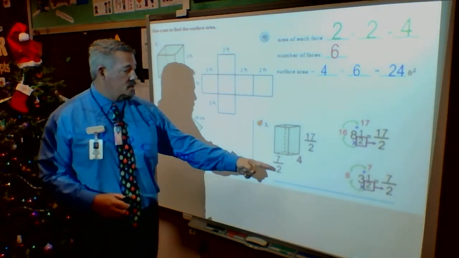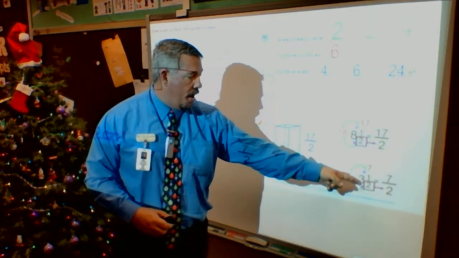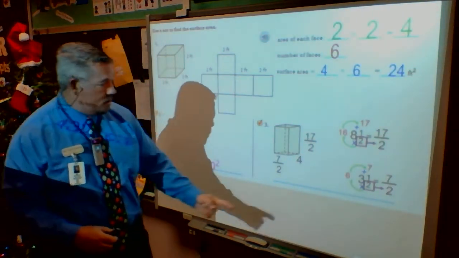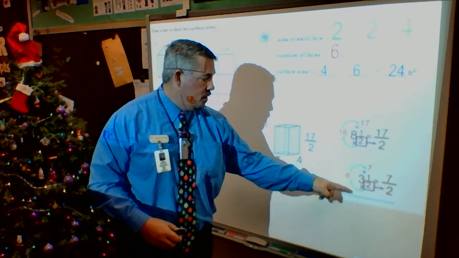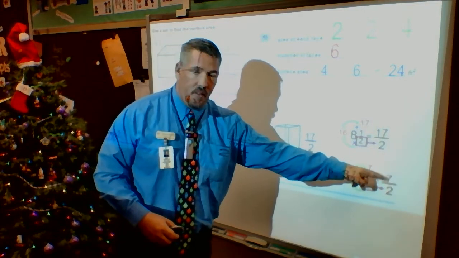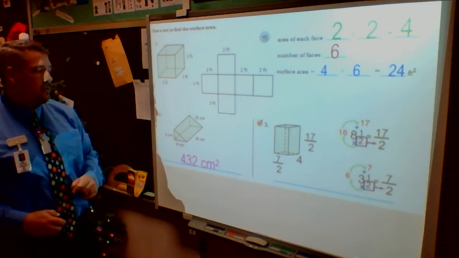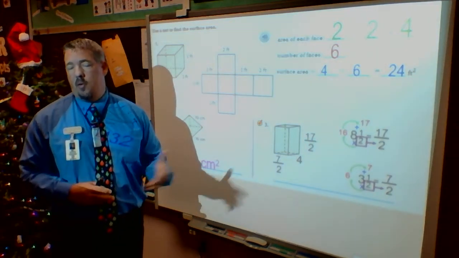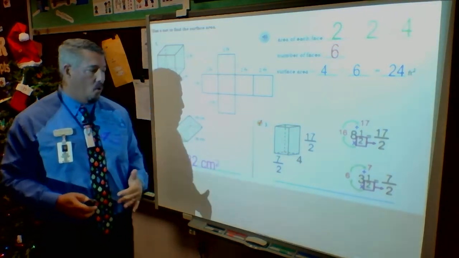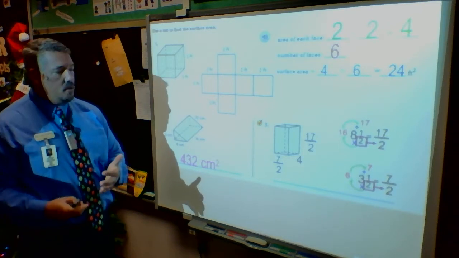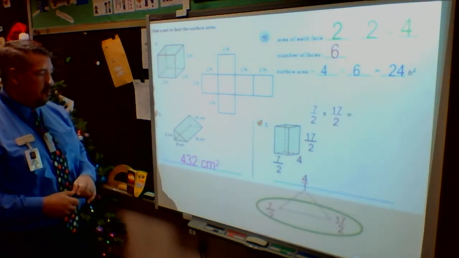Then I'm going to change the bottom one, 3 1/2, also, and I go to the bottom, multiply and add. 2 times 3 is 6, plus 1 is 7. Keep my denominator. So I know this measurement is 7 halves. And then because I'm multiplying, when I get to the 4, I'm going to put 4 over 1, because I have to have fractions. I can't have whole numbers and mixed numbers.